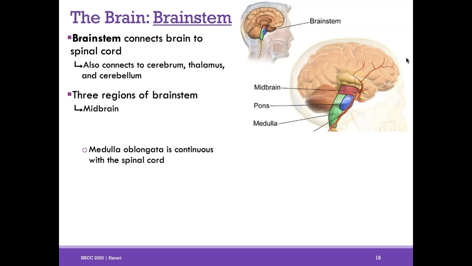Within the brainstem, we have the midbrain, pons, and the medulla. So we have 3 structures within the brainstem: the midbrain, the pons, and the medulla oblongata.